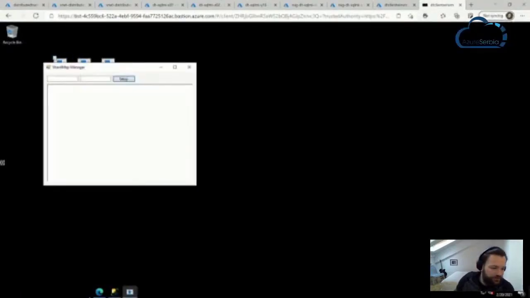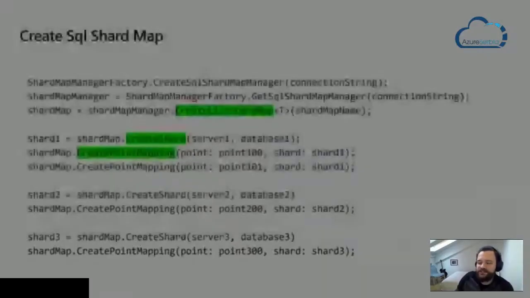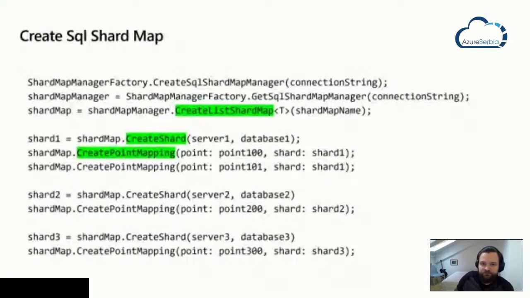And actually, before we do that, let's take a look at the code snippet that explains what will be happening behind the scenes. So when we run this application, it will create the shard map manager, and it will create the shard map.